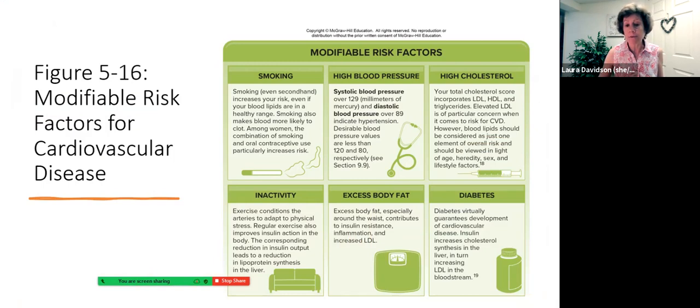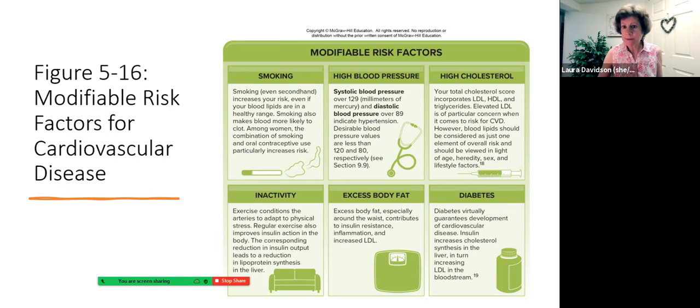More factors are modifiable, which means things like quitting smoking, managing your blood pressure and your cholesterol, being more active for sure, and decreasing body fat, as well as managing blood sugar, can decrease your risk for heart disease.